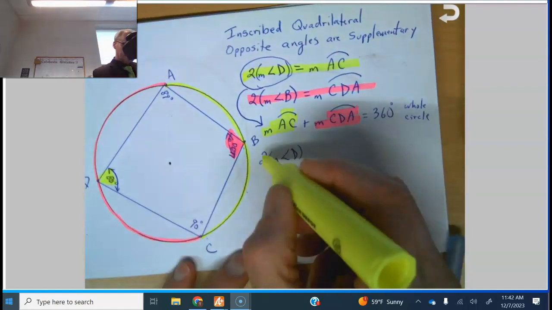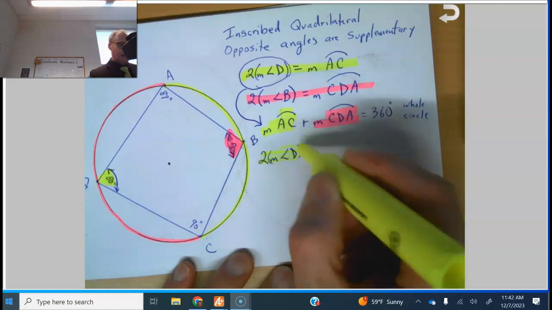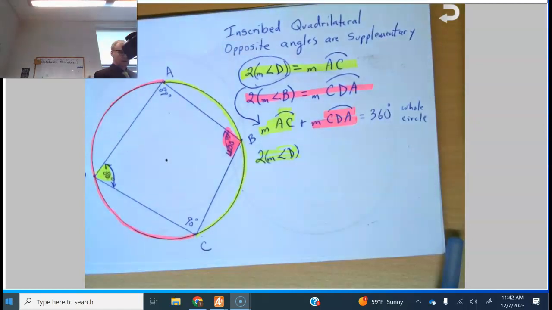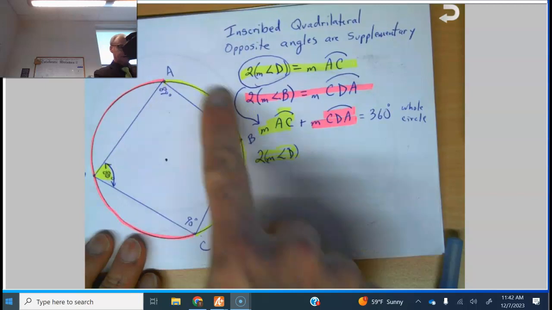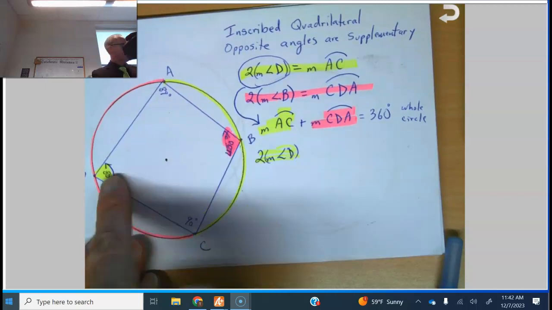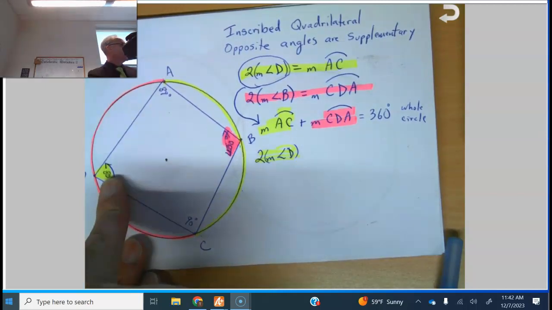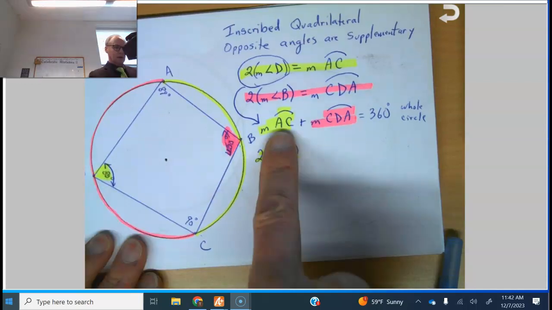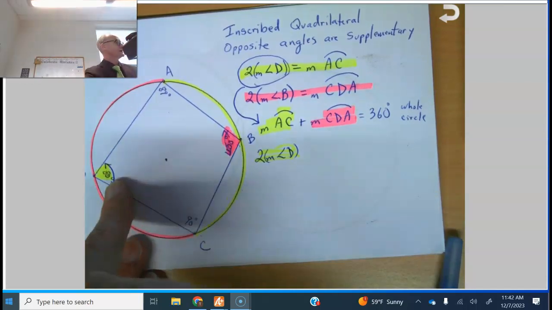Instead of this arc length, I can put 2 angle Ds. This yellow arc is 2 of these, so instead of the yellow arc, I'm going to put 2 angle Ds.